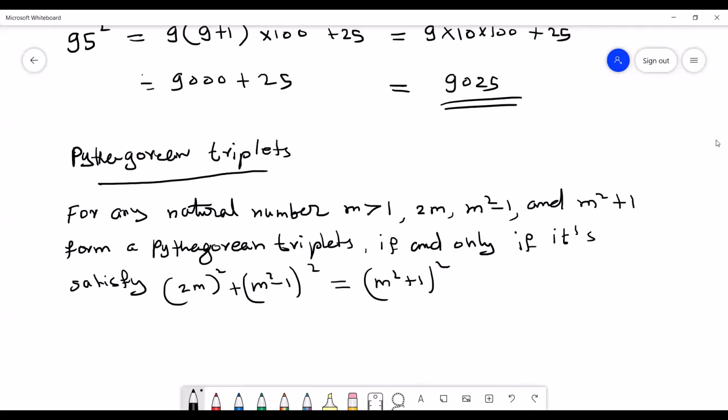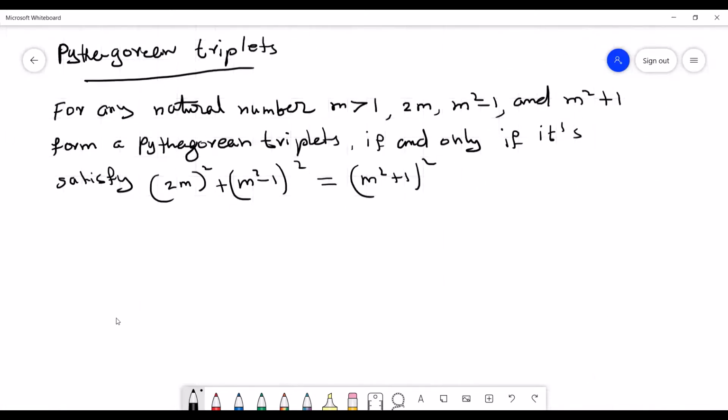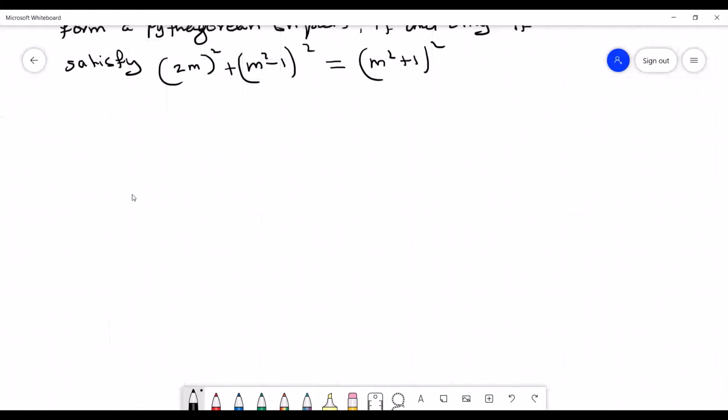The condition is that for 2m, m square minus 1 and m square plus 1 to be a Pythagorean triplet, 2m whole square plus m square minus 1 whole square should be equal to m square plus 1 the whole square. If it is so, then we can say the given three numbers are a Pythagorean triplet.